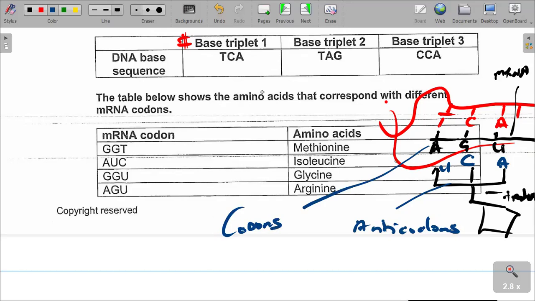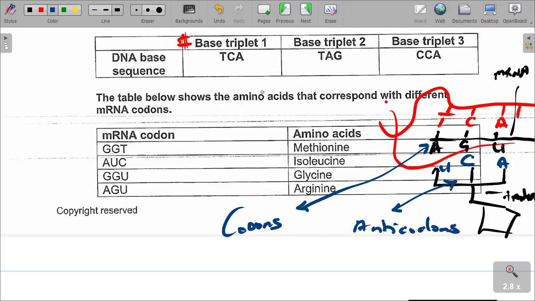What we need to understand is that there is a formula for understanding the sequence of these: mRNA is the one that has the codon. So you need to derive the codons first in order to get the anticodons. That's the basic understanding which a learner must have in order not to make mistakes.